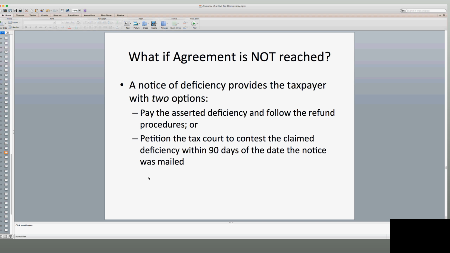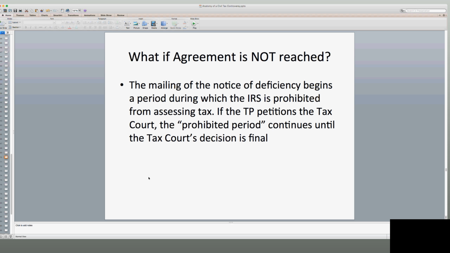And so, again, while on paper it looks like there are two options, the practical reality is that generally there's only one option. And while the taxpayer is really miffed and incensed and wants to file that petition and go to tax court, once they have some time to digest all that goes into that and how this is going to cost more money, they usually rethink it and wind up reluctantly paying the asserted deficiency.